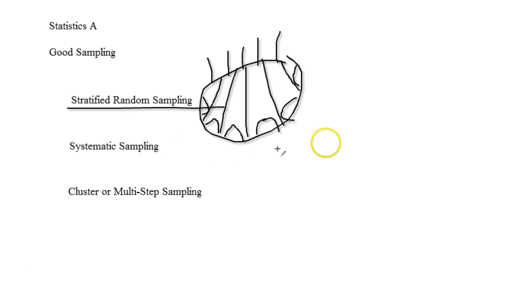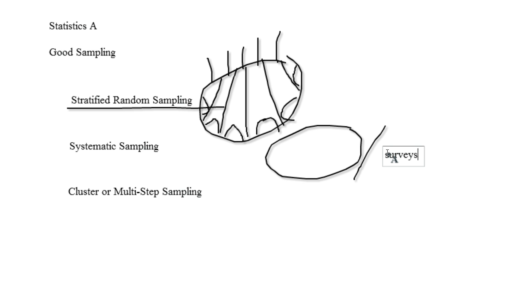Now systematic sampling is where you take your entire population and divide it by the amount of surveys you want to do. This will give you the number for how many to count to give surveys.